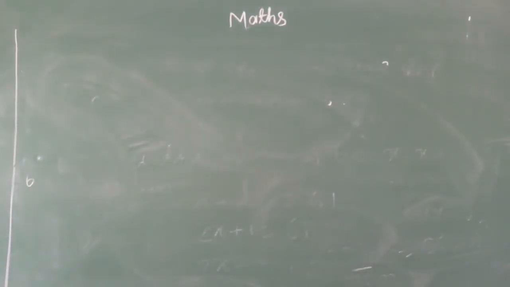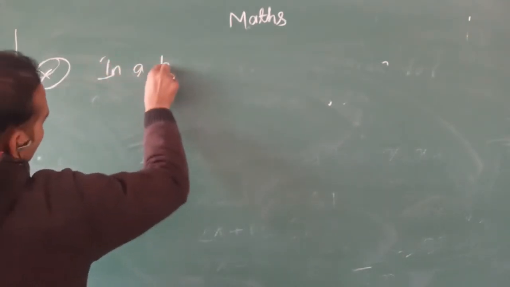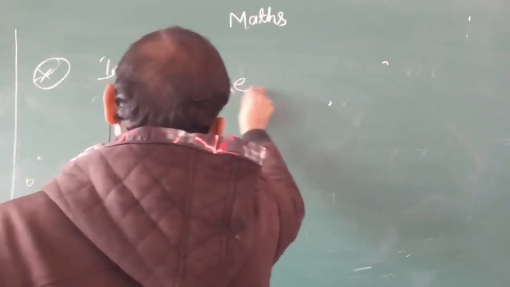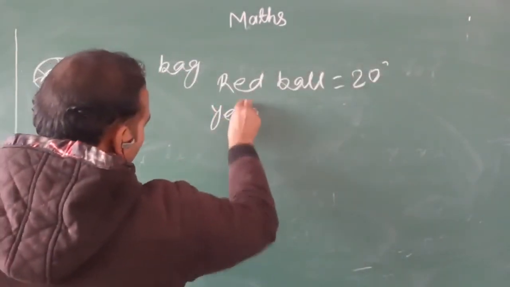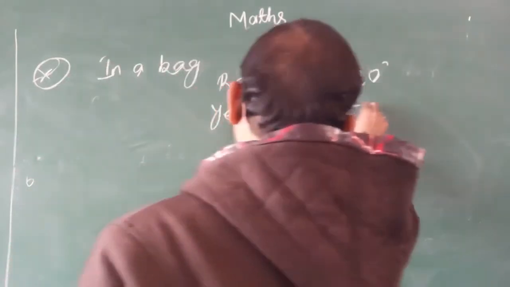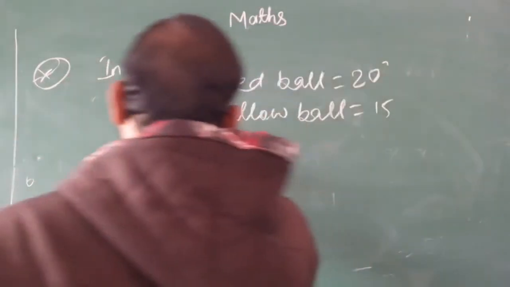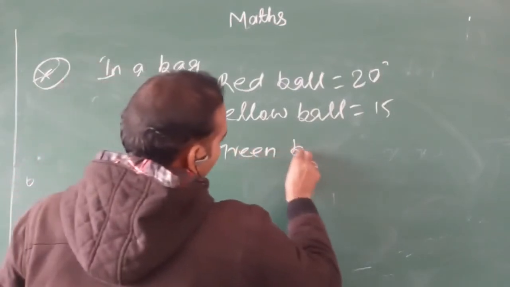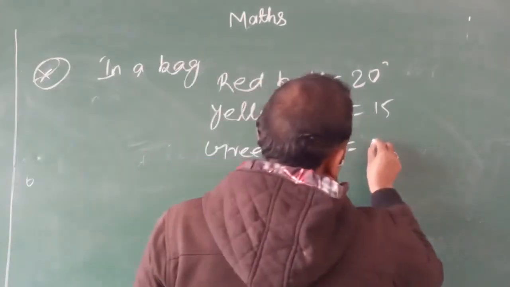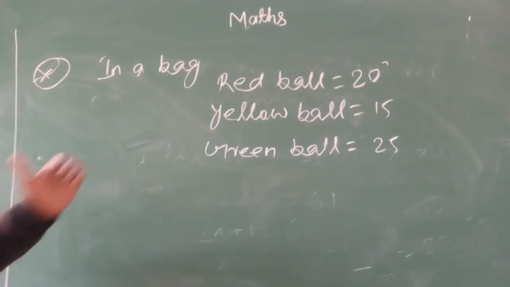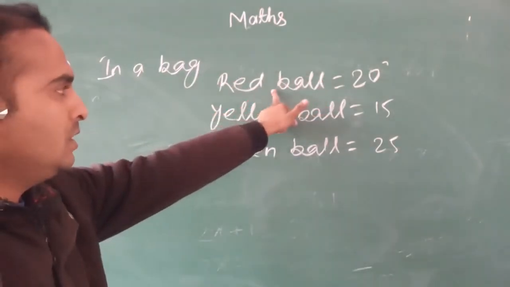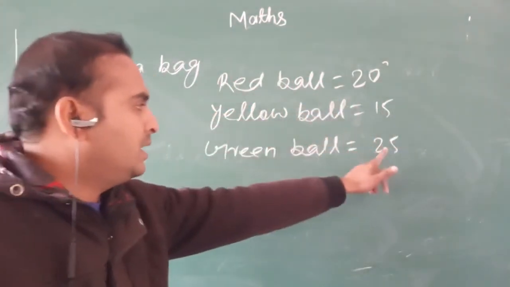Now the next problem is from the chapter probability. Suppose in a bag there are some balls and the colors are 20 red balls, 15 yellow balls and 25 green balls.